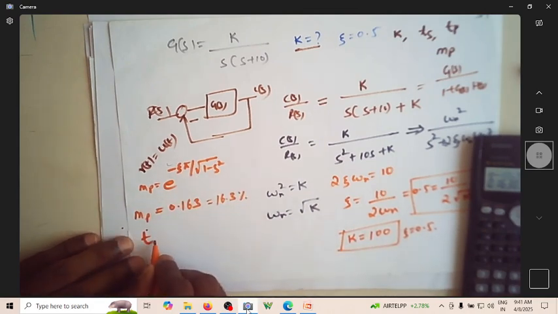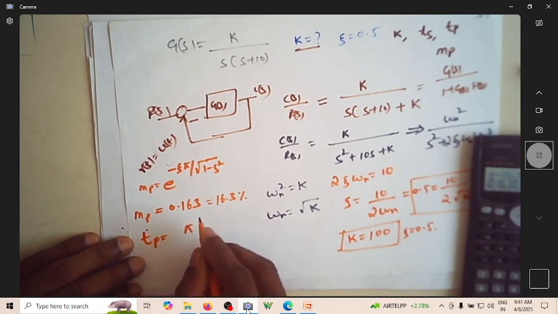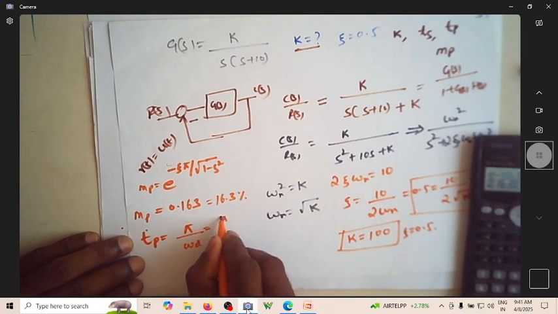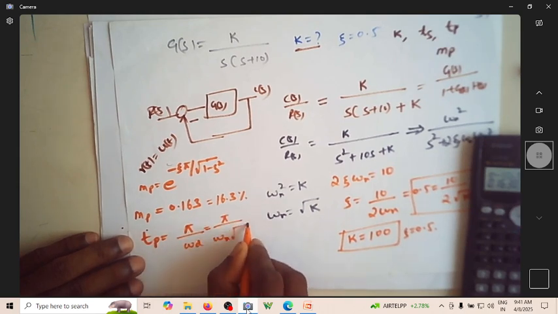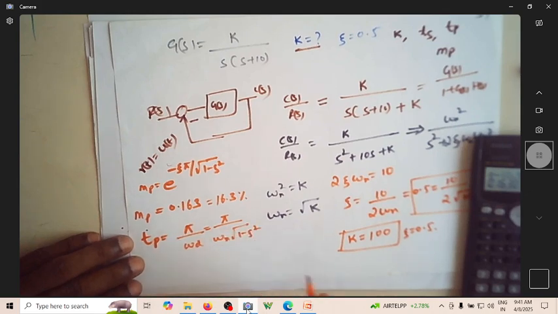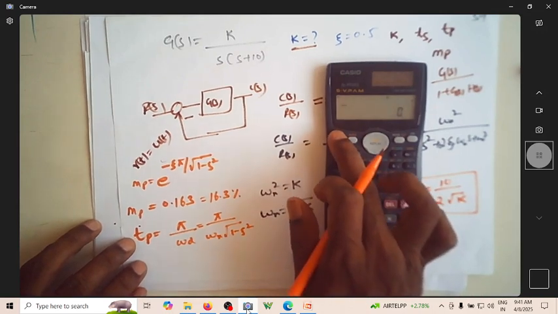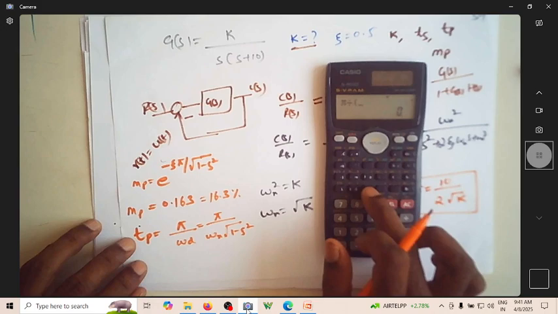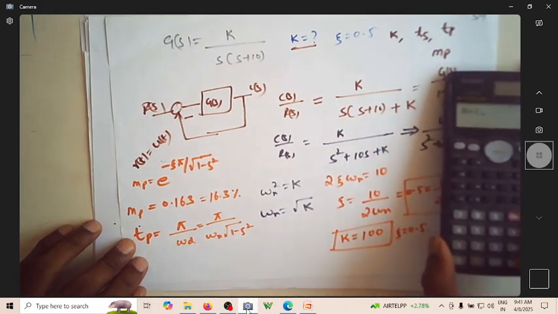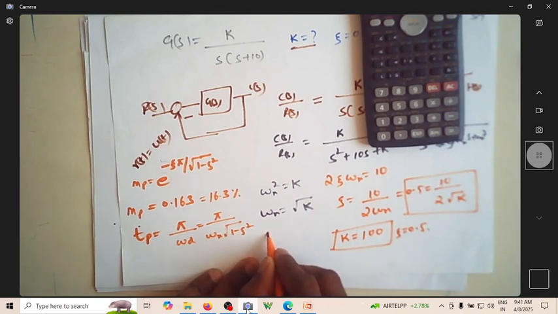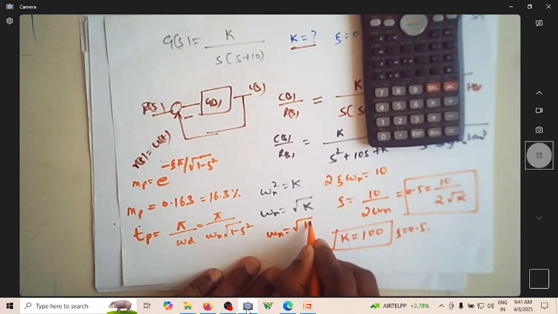What is TP? It is pi by omega d, which is nothing but pi by omega n into the square root of 1 minus zeta square. Omega n is root of 100, which is nothing but 10 radian per second.